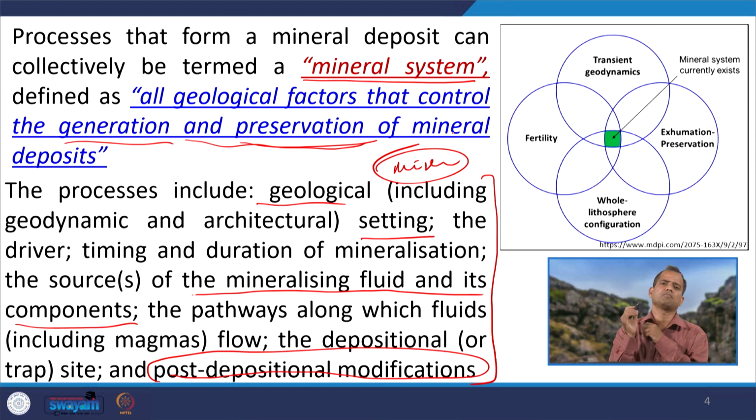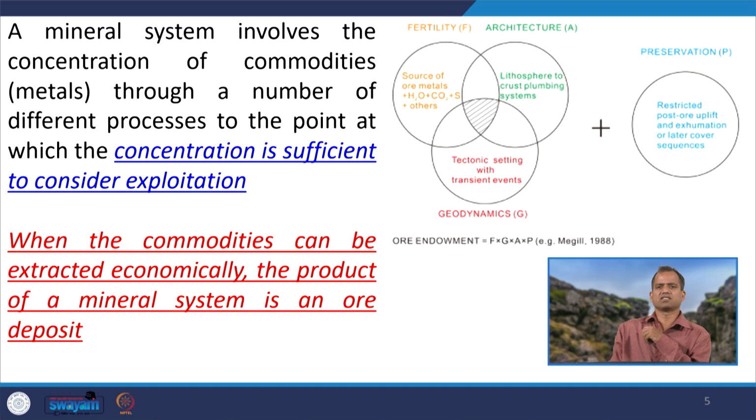So, this mineral formation and its preservation up to extraction is not an easy process, it goes through several processes, and the product is finally a mineral and we go for mining. A mineral system involves the concentration of commodities like these metals through a number of different processes to the point at which the concentration is sufficient to consider exploration.